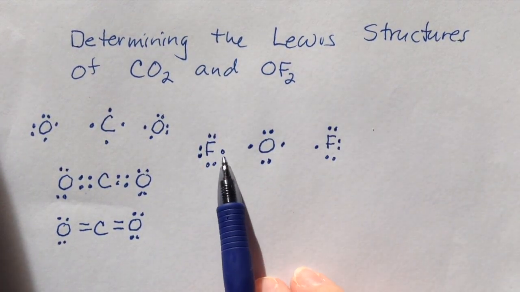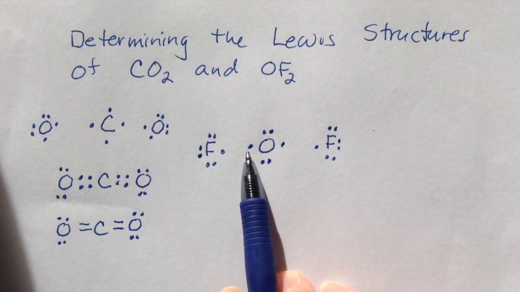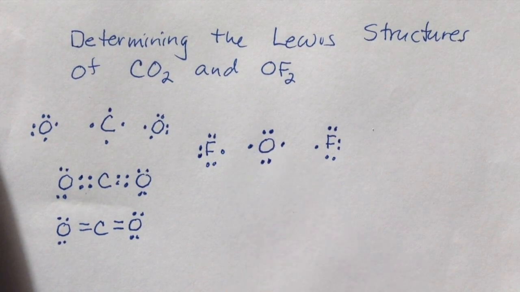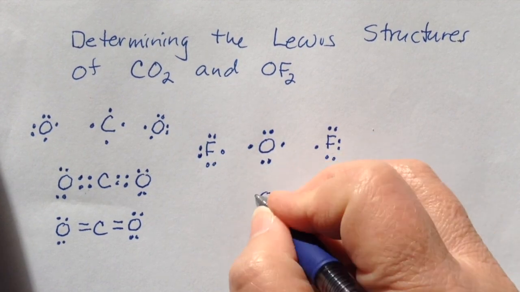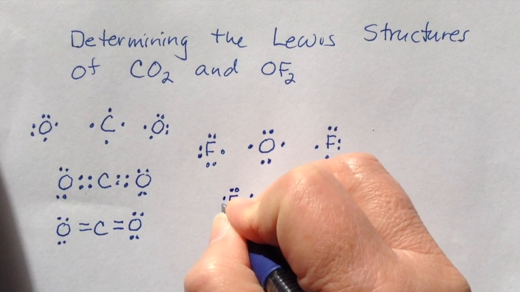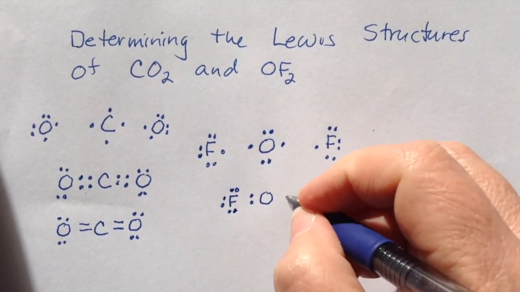So you can see that fluorine wants to share its one lonely electron with oxygen, and oxygen has a nice place for that to go, and that happens on both sides. So what you end up with is oxygen sharing one of its electrons with fluorine, which is sharing one of its electrons with oxygen.